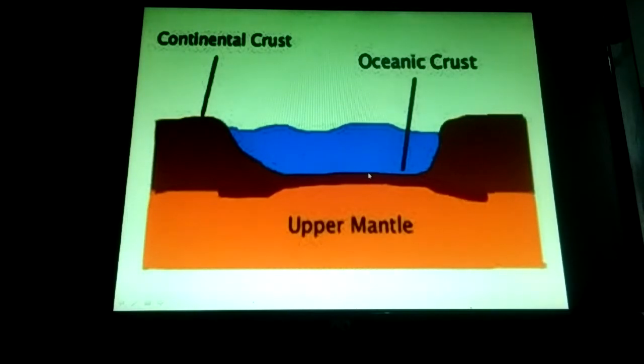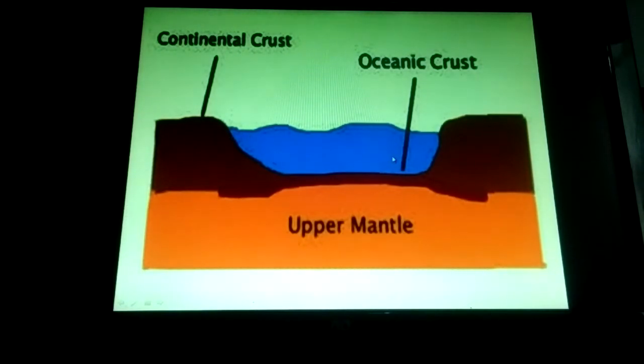Continental crust is 35 km thick on the continental masses. Despite its greater thickness, it is less dense than the oceanic crust.